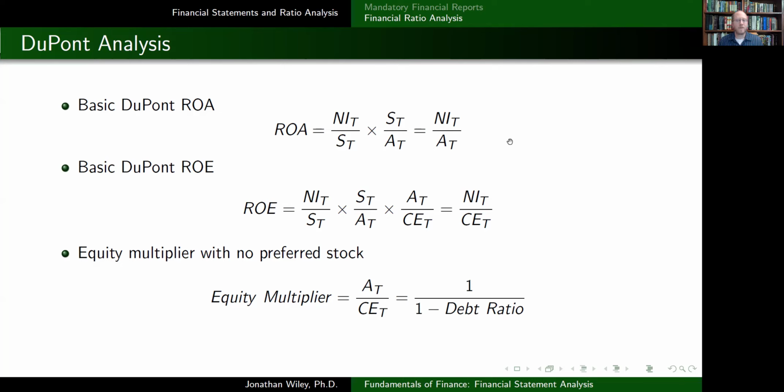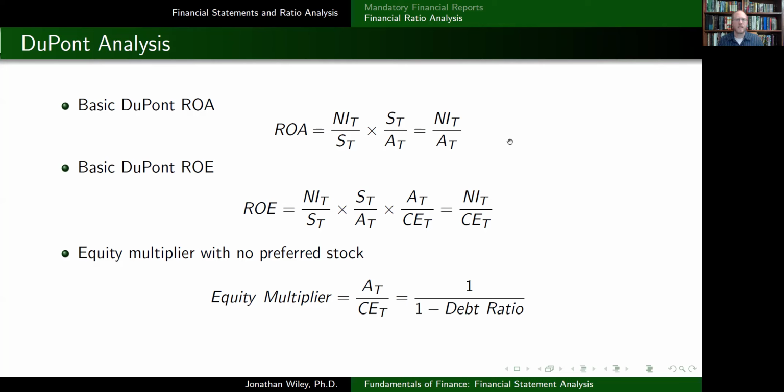And that may be very much related to the strategic choices of the firm and the target market and so forth. So for instance, the company that has the higher profit margin, maybe they are targeting a more niche segment with more specialized products that they can charge premium prices for. But as a result of that, they don't sell a huge volume. And so as a result, they have a high profit margin, but total asset turnover takes a hit. On the other hand, I could have another company whose approach is all about low cost, mass market.